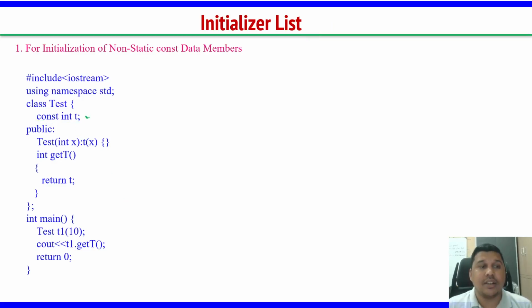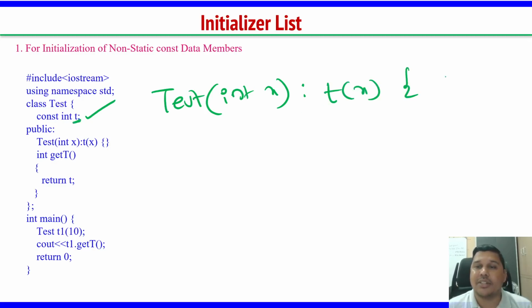So how are we doing it? There is a variable t, which is private by default. I wrote the class name and the parameter x, colon, t(x). This is the syntax: your parameterized constructor, colon, the actual private variable, in brackets the temporary variable, then open and close curly brackets.